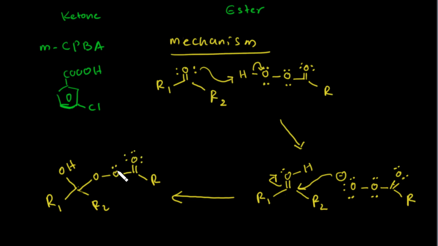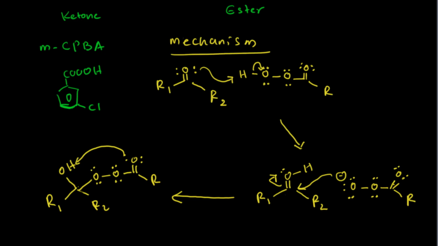You always need to draw, remember, this lone pair. And then what happens now? Here we have a lone pair. Okay, sorry, I drew more lone pairs here; actually, you should draw only two. This lone pair directly grabs this hydrogen and breaks this bond.